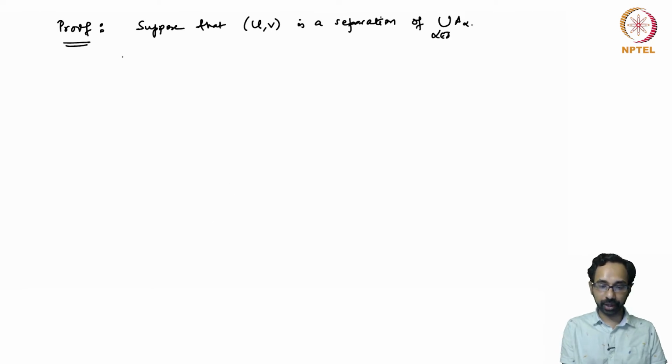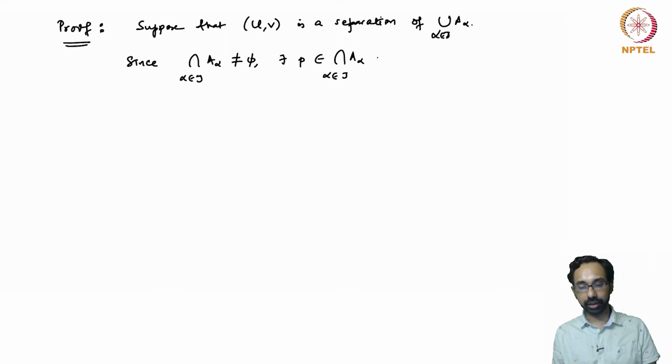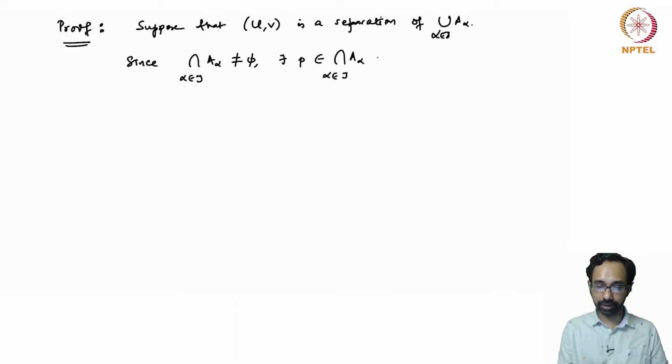So then since the intersection of all these A alphas is non-empty, there exists some point P in this intersection. Okay, so this is a point in the intersection of all these A alphas.